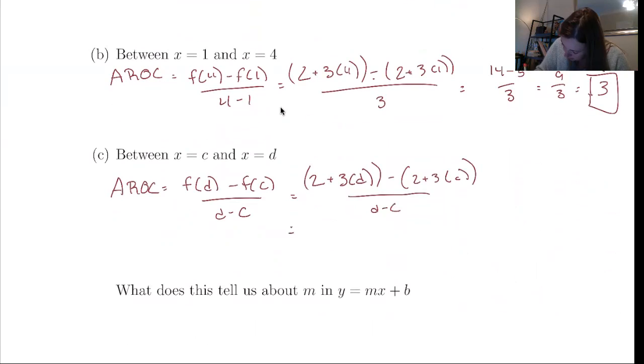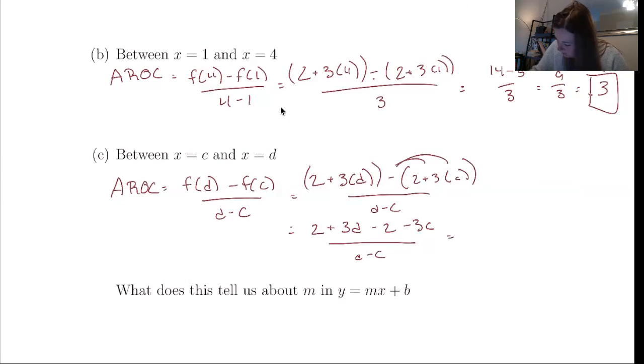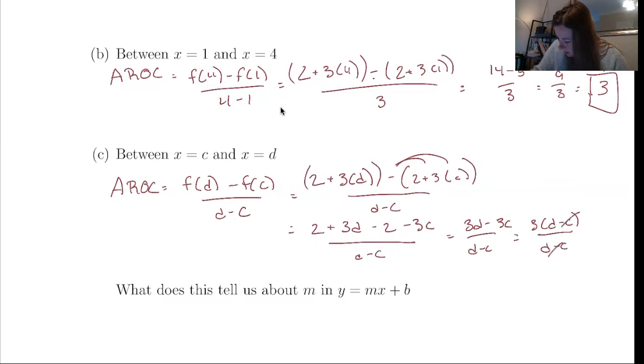And that's going to be what? 2 plus 3D minus 2 minus 3C. So 2 minus 2. And I'll get 3D minus 3C over D minus C, which is, I can pull out a 3 and then these cancel out, and I'm left with 3.